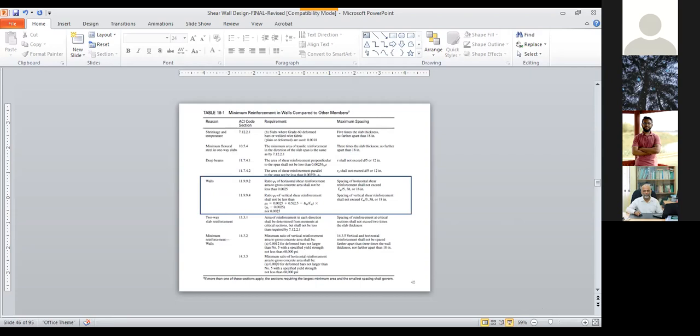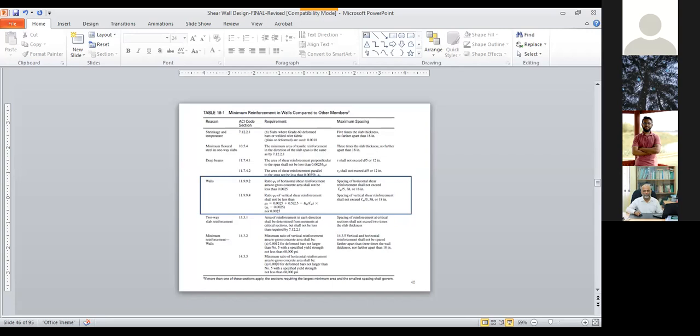Here in the wall we know that the minimum amount of shear reinforcement is 0.25%. This is as longitudinal as well as in the transverse direction. You need to provide minimum shear reinforcement of 0.25% of the gross section in both faces total.